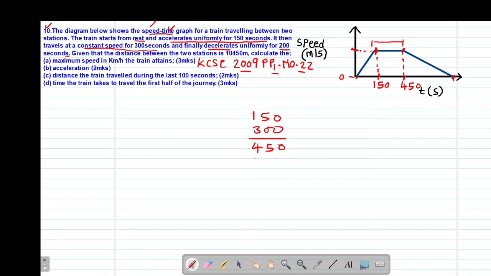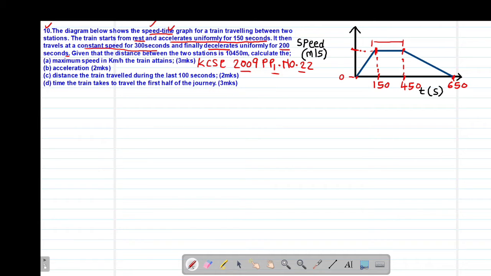Therefore, if I take 450 and add the 200 seconds, it takes me to the 650 seconds mark. So that is the simple description of the given motion.